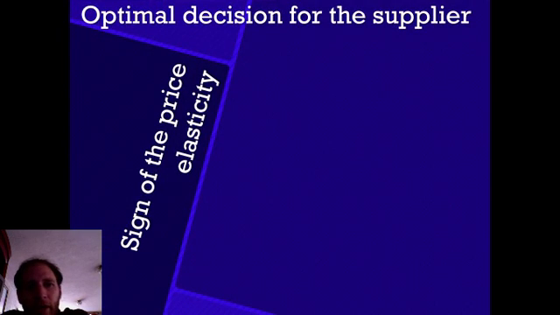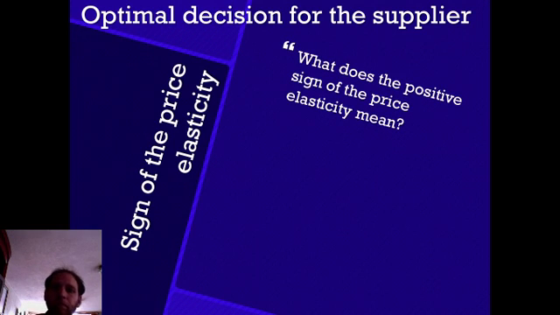Then, what could be the optimal decision for the supplier once he knows the elasticity of the demand in a particular market? Well, it depends on the sign. If the sign of the elasticity is positive, what do you understand by that?